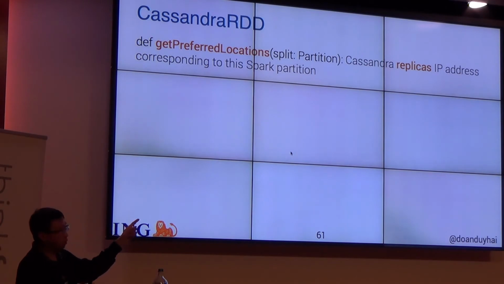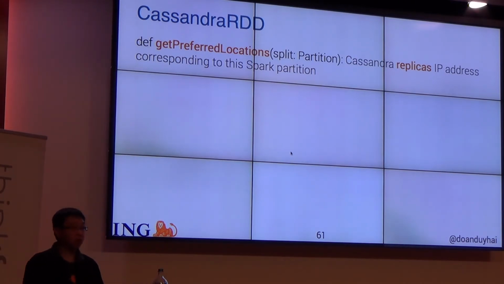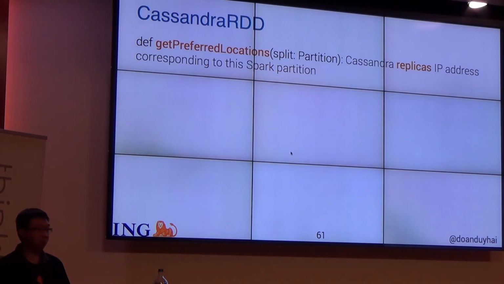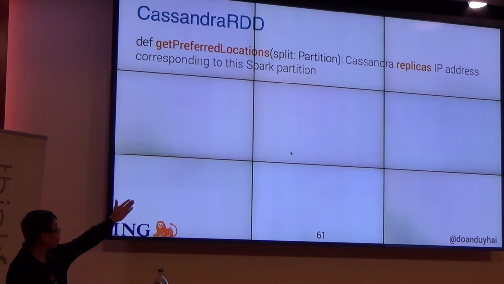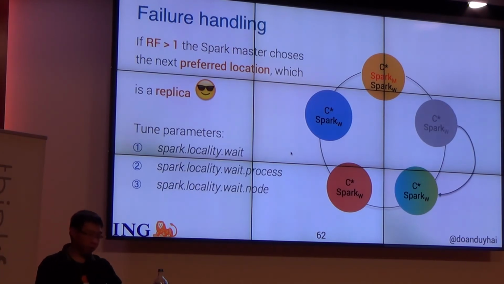Well, instead of returning just one IP address, we can return a list of IP addresses which correspond to the replicas, right? Because if you have a replication factor bigger than 1, you can return a list of IP addresses. And if your node fails, Spark will choose the next preferred location, which is another replica. So you don't lose data locality, in fact.